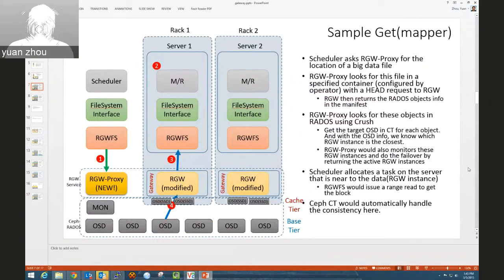Note this container is previously configured by some operator in some config file. So RGW proxy needs to look up this file with a header request to one RGW instance. This is a RESTful header request. Then the RGW instance would return the manifest file in the header object, and then we actually get the Rados objects in the Rados cluster.